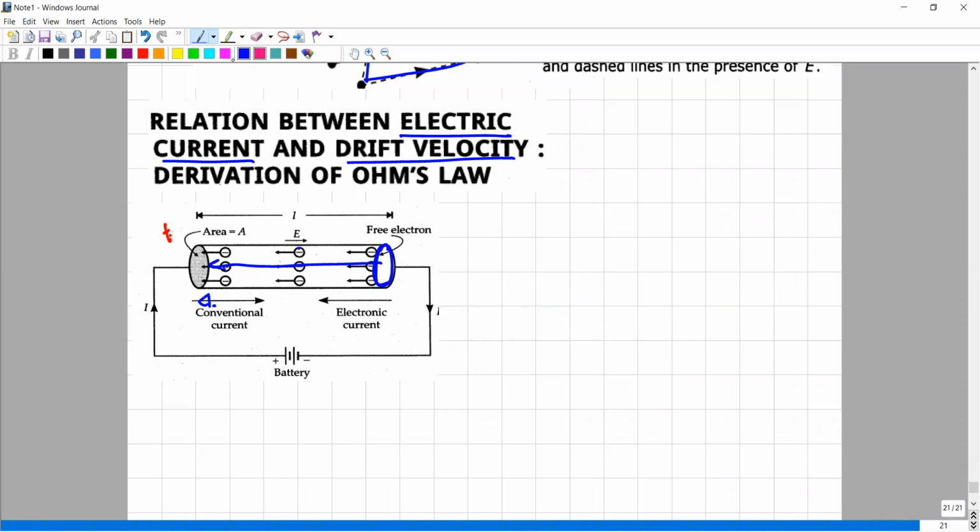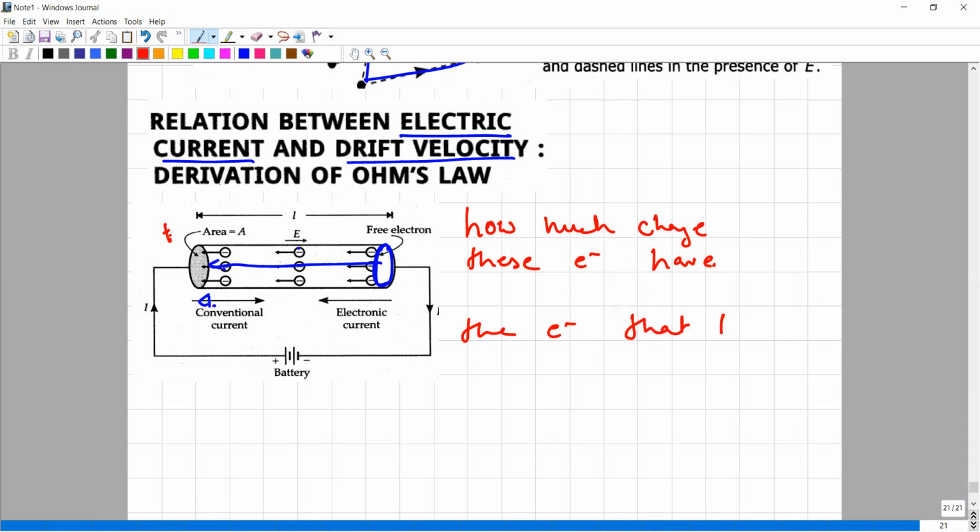I want to know how much charge these electrons have. And which electrons? The electrons that have gone from this end to this end. So how to find that?